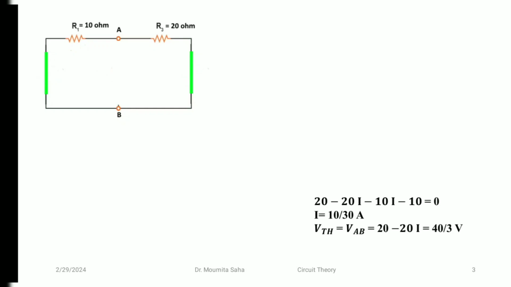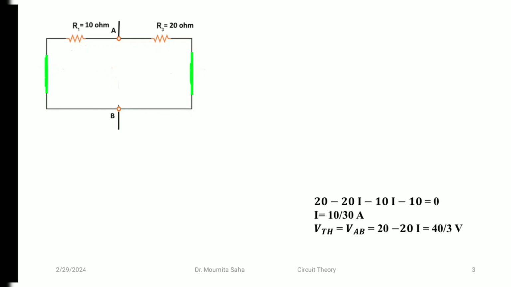Okay, now it's fine. When we are going to calculate the Thevenin's equivalent resistance, there is no need of the voltage sources, so we may take them as short circuit. So finally the circuit looks like this, and we can see that the two resistors R1 and R3 are in parallel connection across the branch AB, or across the points AB.